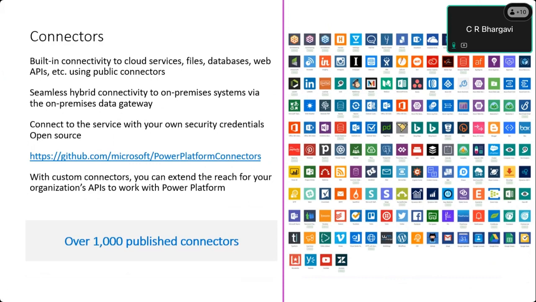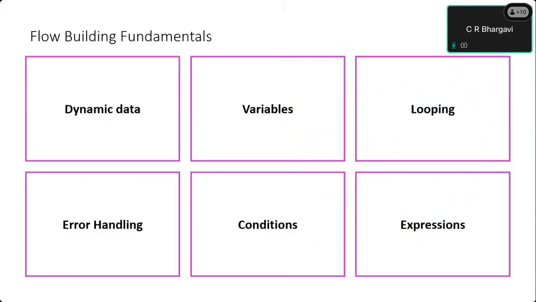And what else can we do? We should build a fundamental flow first, and with the help of that fundamental flow, you will be using the connectors and building the automations. So to build the fundamental flow, we need a few things. One is dynamic data.